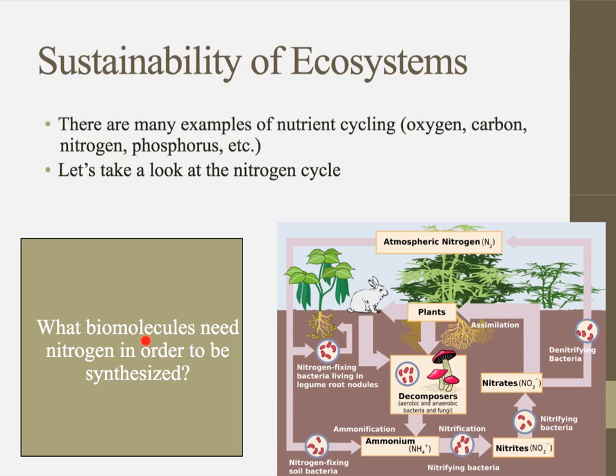A lot of our biomolecules depend on nitrogen. I'm thinking specifically of proteins and nucleic acids like DNA. So we know that we regularly need to make proteins and DNA. Where are we getting that nitrogen from, and what's happening to it when we die? So let's take a closer look at that nitrogen cycle.